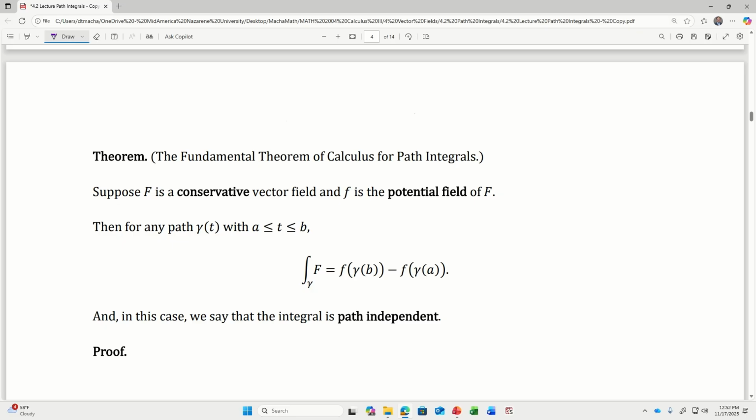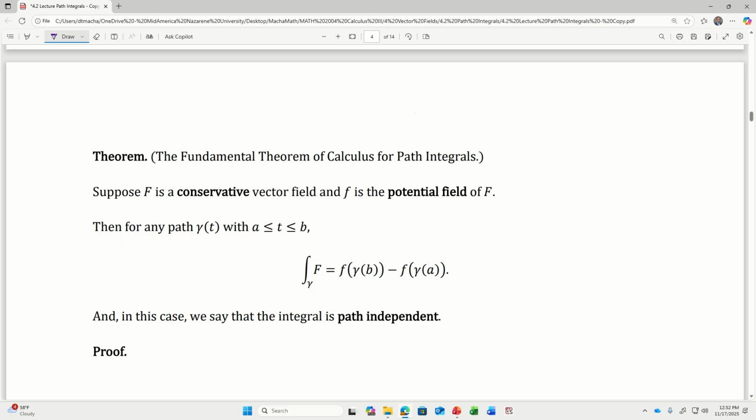Which means that conservative has a kind of physical interpretation. If you were to take a path from the top of Mount Everest to the bottom of Mount Everest, your gravitational potential energy changes. You have more gravitational potential at the top of the mountain and less at the bottom. And the change in potential wouldn't depend on what path you take down.